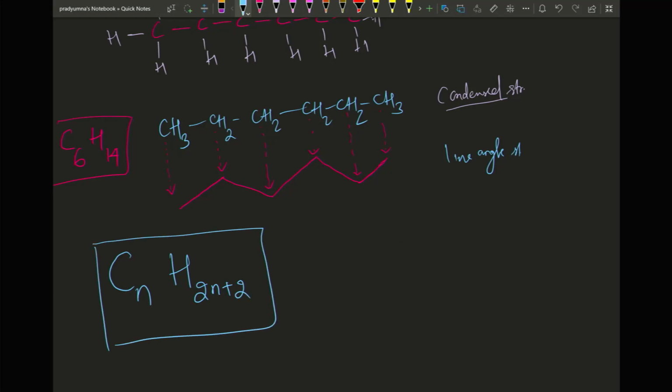That means if I have an alkane with 10 carbon atoms, how many hydrogens should I have? 10 multiplied by 2 is 20, plus 2, so it's gonna be H22. So you can easily derive the formula. How do I get this? C10, with 10 multiplied by 2 plus 2.